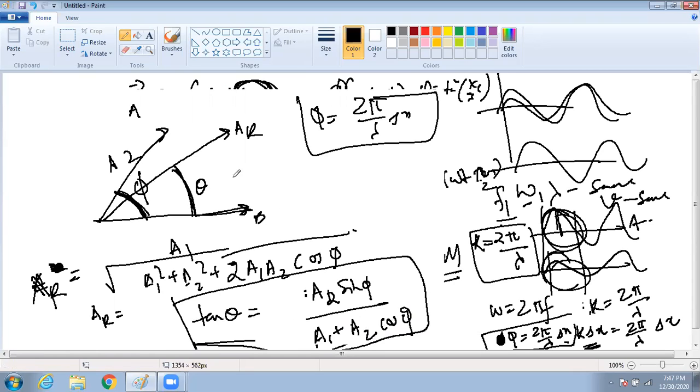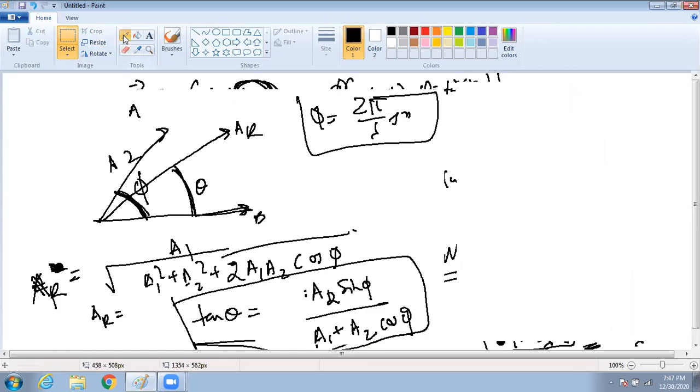So what will be your y net? The amplitude will be the resultant amplitude AR.